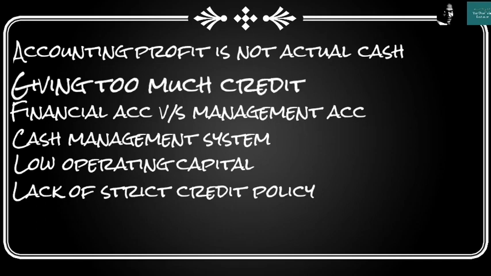The other one that I need to tell you about is that you must not sell too many items on credit. Limit it, manage it, make sure that you are not overselling things on credit, because you will put the business in a very uncomfortable situation should things not go your way.